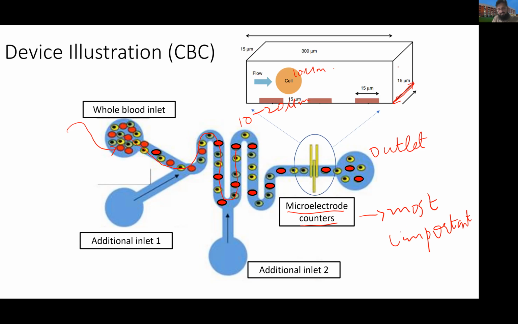It's moving inside the channel in this direction, and these things placed at the bottom are basically the electrodes. This is the inner electrode, this is the right electrode, and here is the left electrode. I will explain in the coming slides why we have three electrodes and how we actually sense the cell. But this is just a first introduction to how the cells are being sensed in the microfluidic channel.